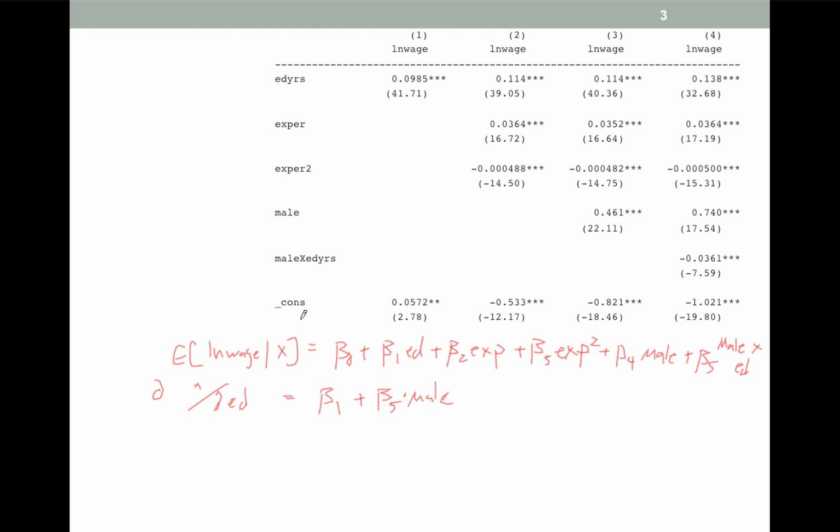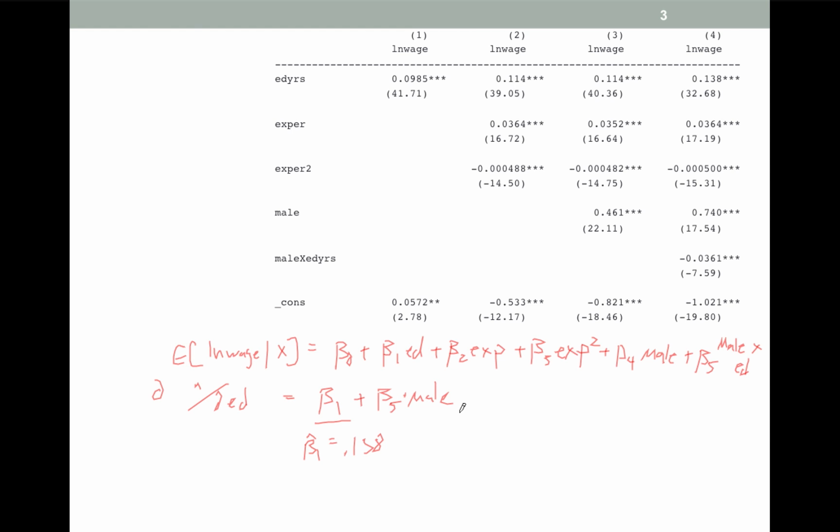So plugging in male at 0, for females, our returns to education is just going to be beta 1 hat, which in this fourth model is 0.138. So the returns to education in this model for females are estimated to be 0.138.